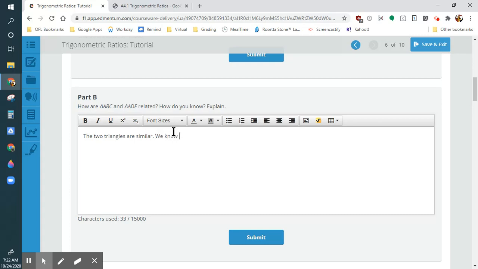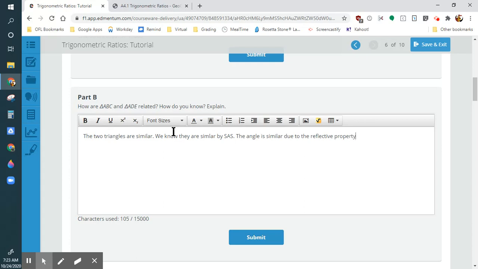We know they're similar by side-angle-side. The angle is similar due to the reflexive property.